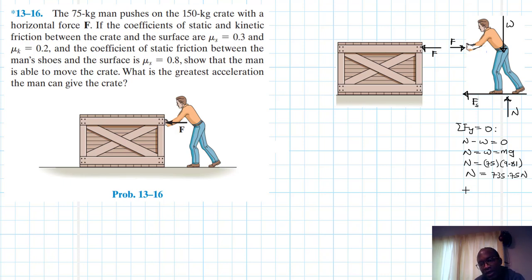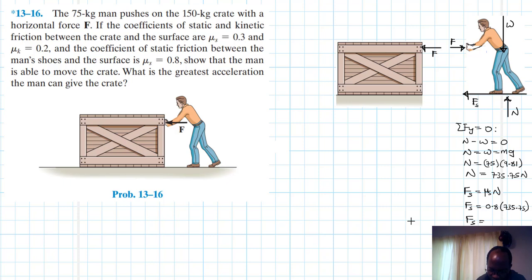Let's find out Fs. So Fs is just equal to mu s N, and Fs therefore is equal to 0.8 times 735.75.